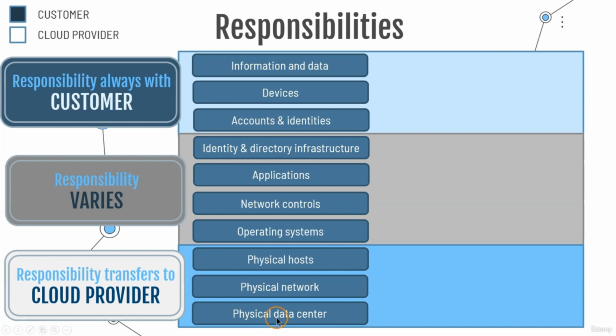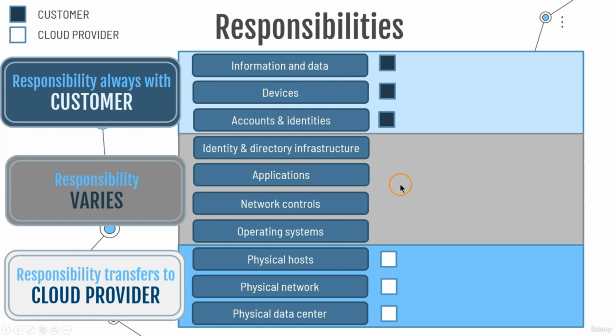Of course, as we mentioned, for the physical security of the infrastructure, the cloud provider is always responsible. And we also said that responsibility is always with the customer for these three different responsibilities.